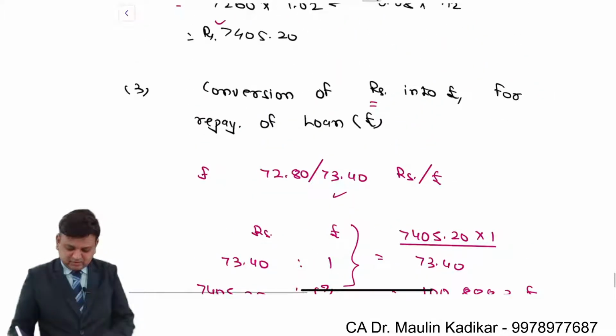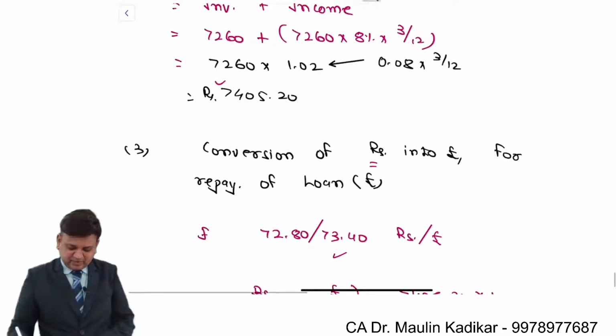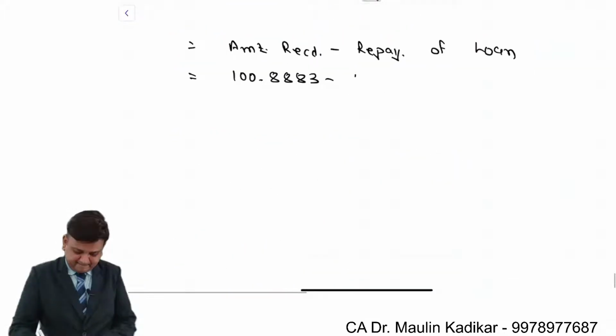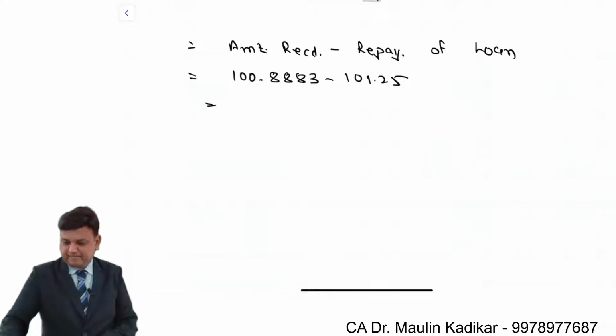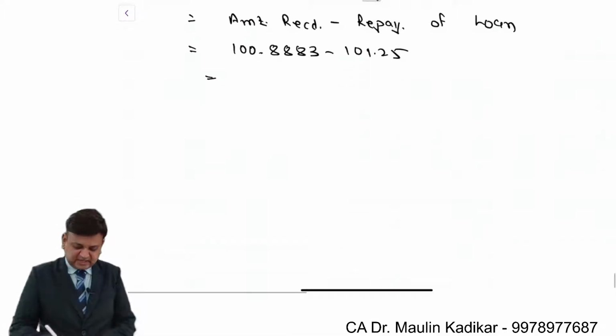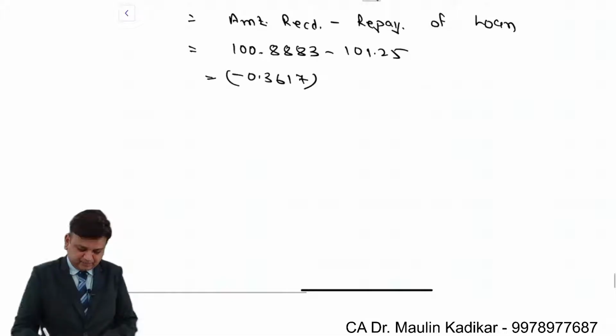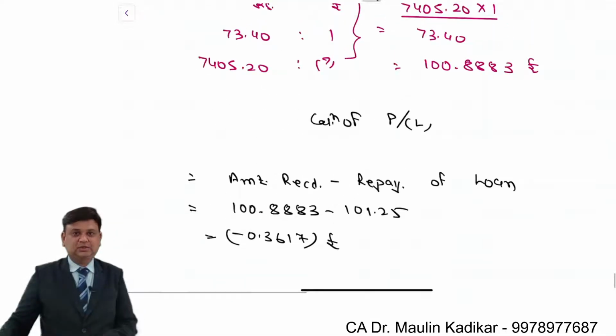Repayment of loan 101.25. So it is negative 0.3617 and this is a loss.